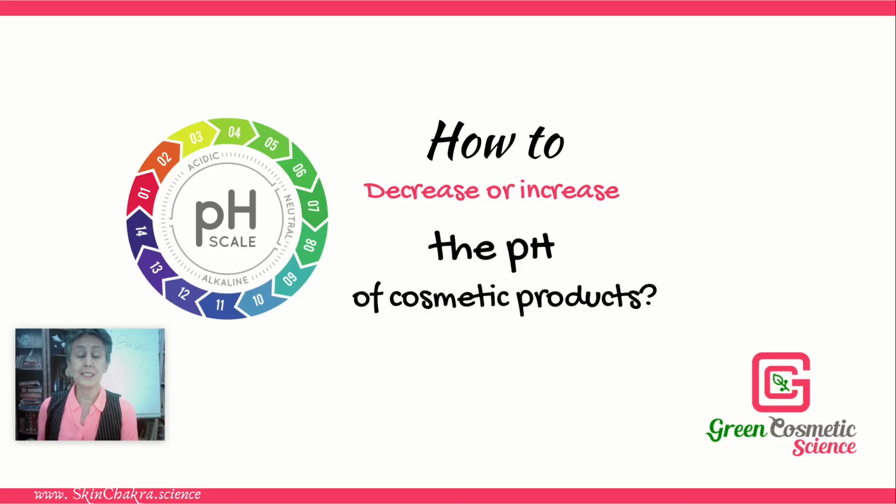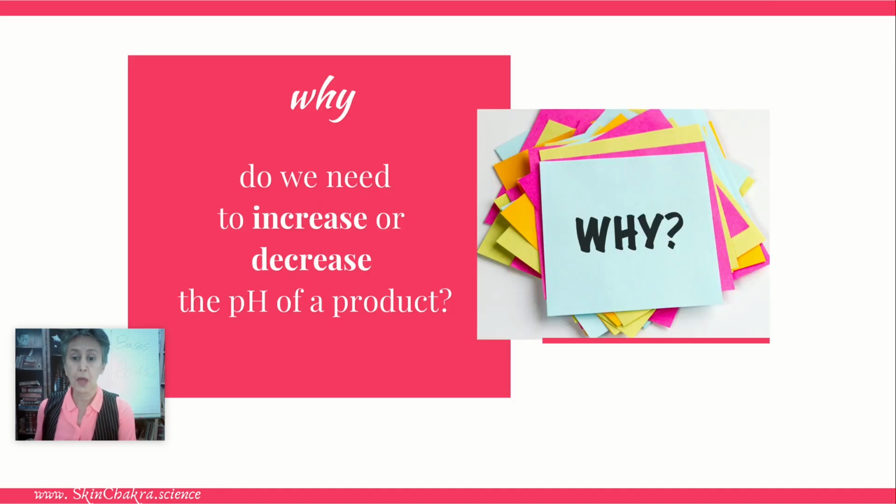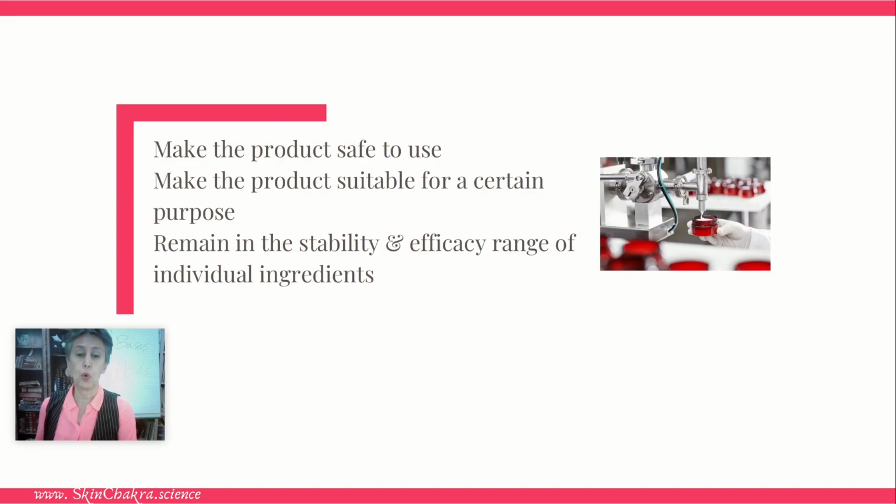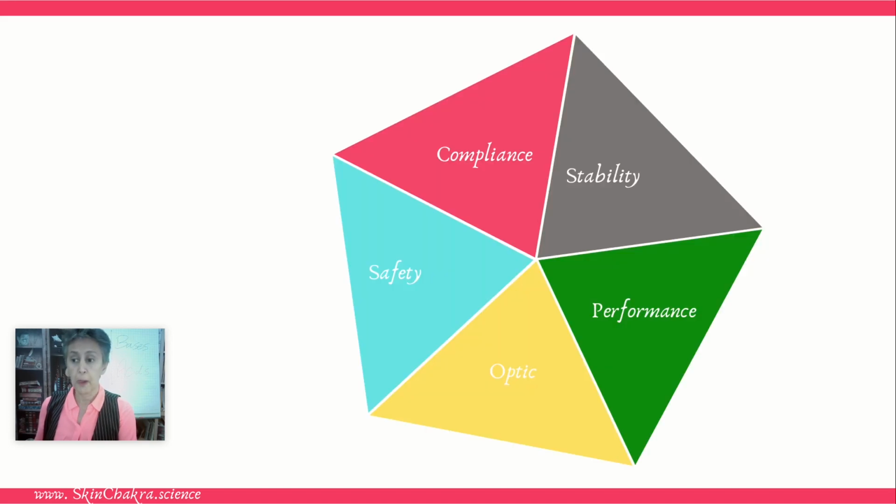The question is why you need to increase or decrease the pH of a cosmetic product in the first place. Well, we need to adjust the pH so that we make the product safe for use, suitable for a certain application or a certain consumer group, and to remain in the stability and efficacy range of the individual ingredients and, at the end, of the overall product.